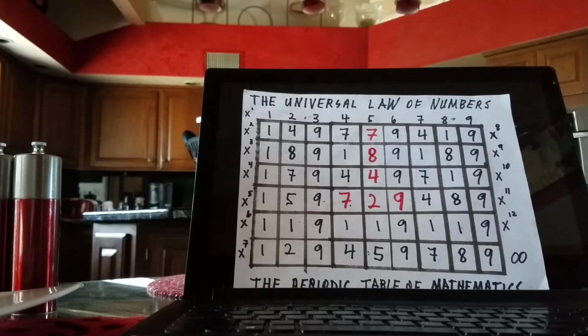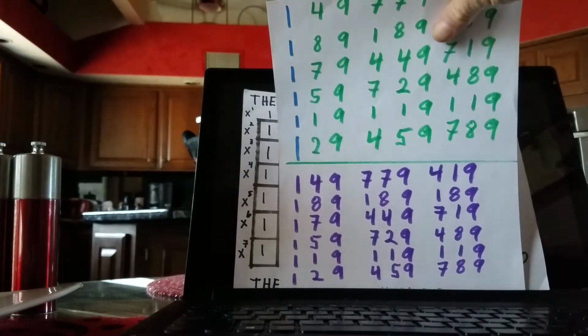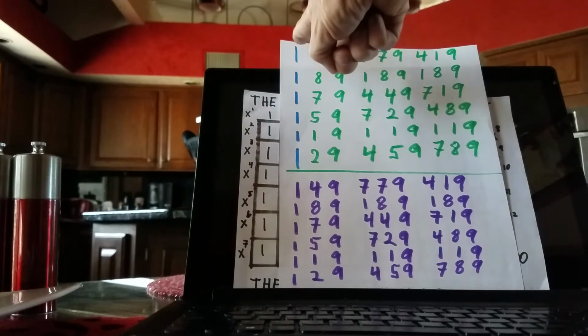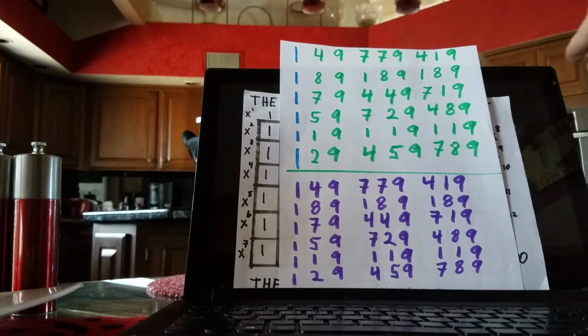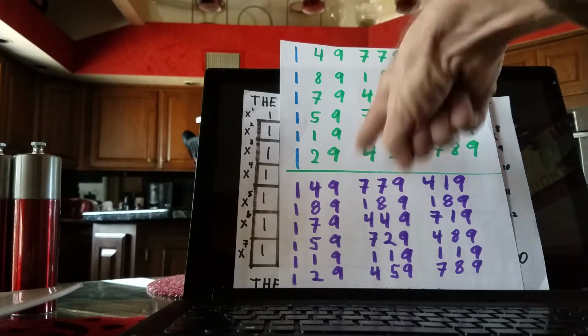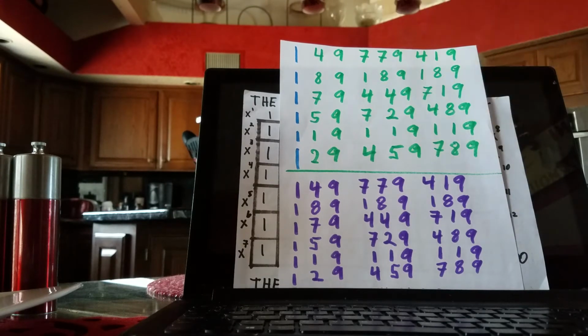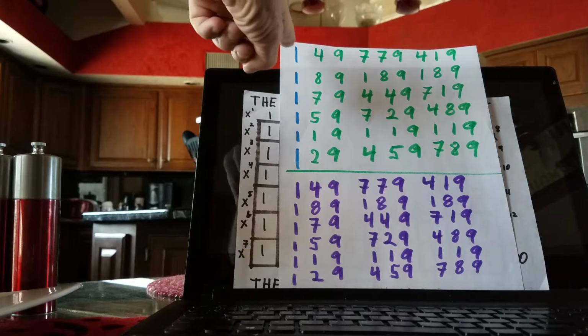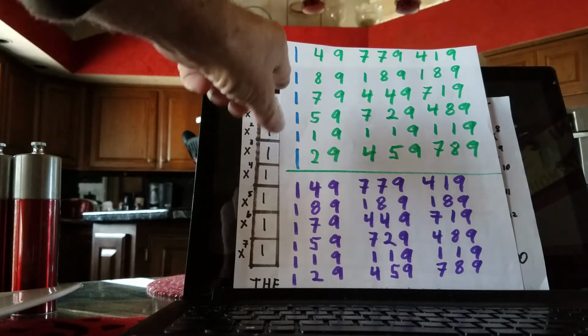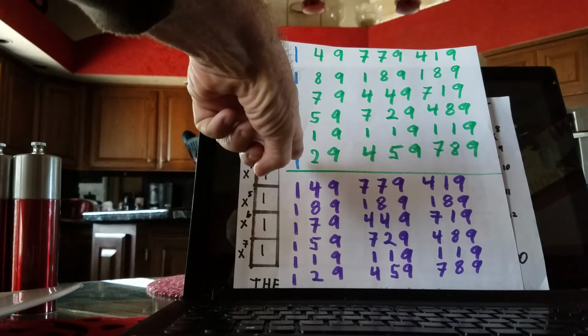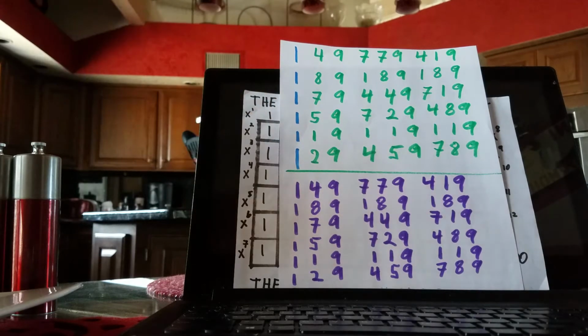This time what I did was I took the lines going down and I multiplied them across, going against every line going down. So for instance, I start by taking the 1, 1, 1, or the ones line. These are the 1 numbers, and I multiply them by themselves, and I get this line right there, and that's how it all starts off.